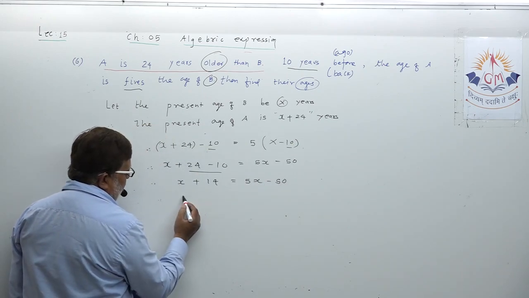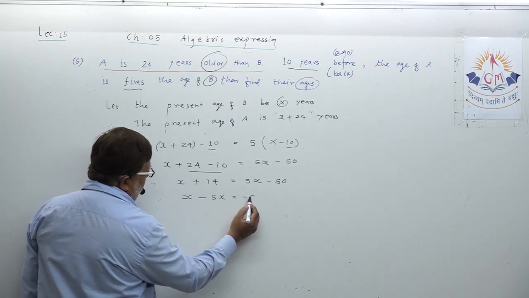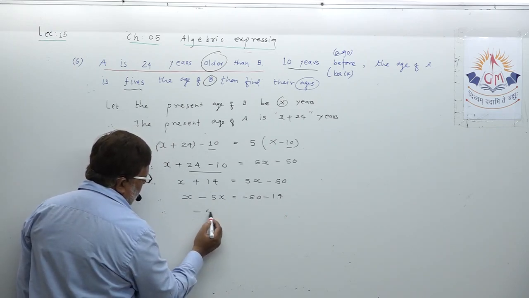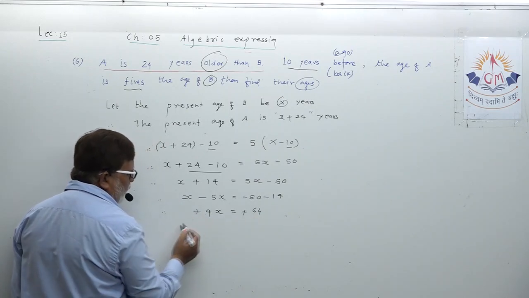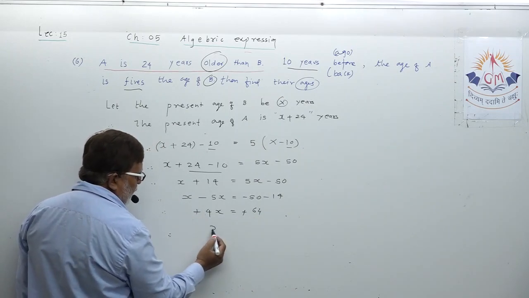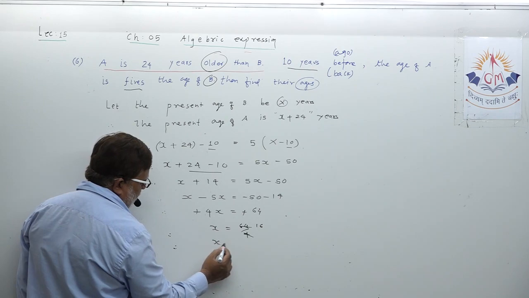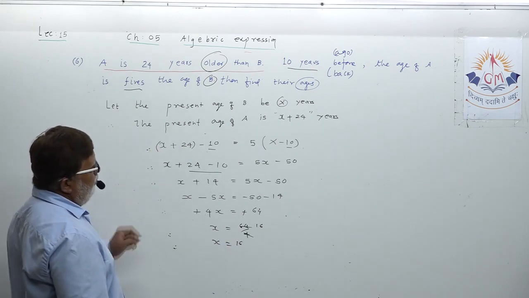Let us transfer the terms: x minus 5x equals minus 50 minus 14, minus 4x equals minus 64. Therefore, x equals 64 upon 4. Cancel. You got the answer. X equals 16. X is the age of B.